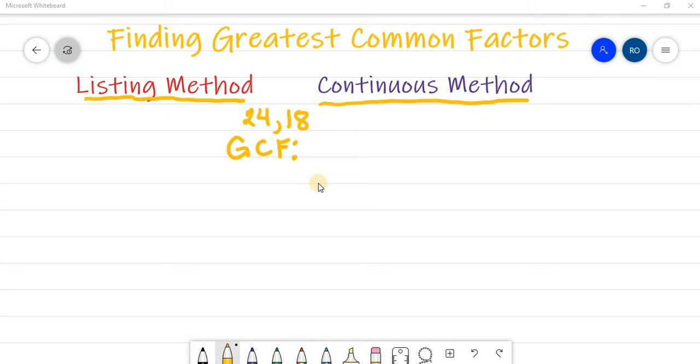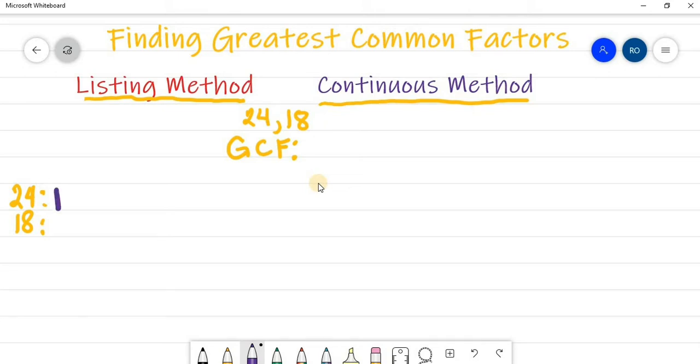In listing method, all we have to do is list down the factors of 24 and 18. So let's have 24 and 18. So we list down their factors. So what are the factors of 24?